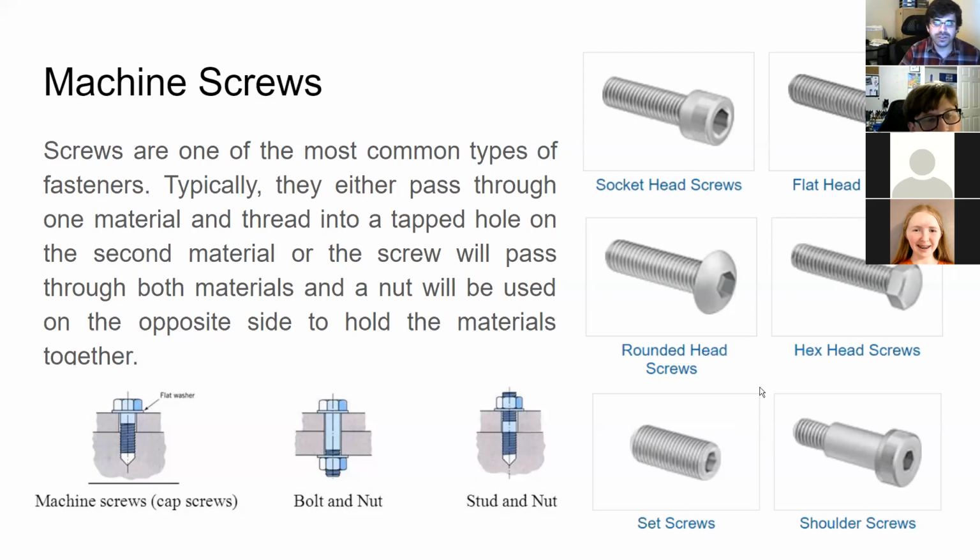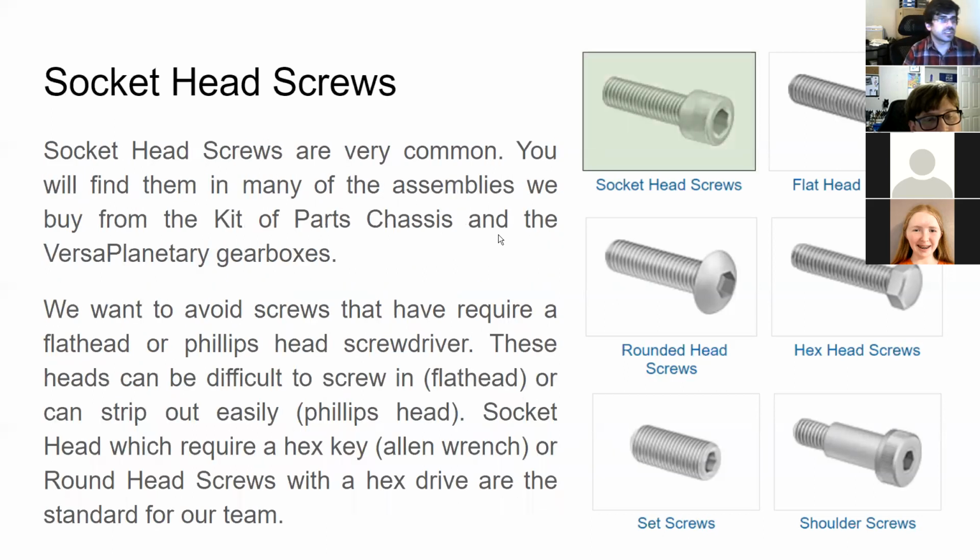So these 6 styles are just a small selection of the different styles, but I have a slide on each one that we're going to talk about. Socket head screws are very common. Compared to round head screws or pan head screws, the drive size is larger. There's an Allen key, a hex shape that we use to install the screw.